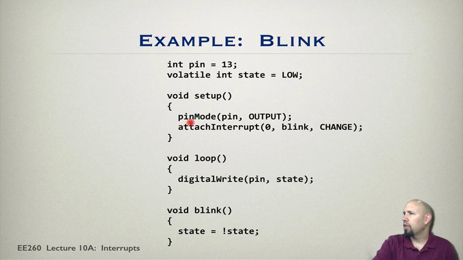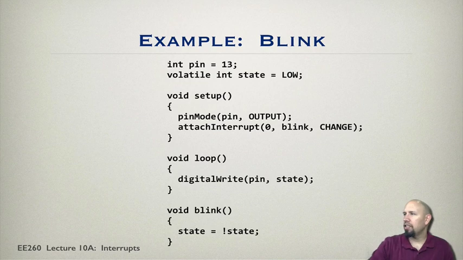It's low. And so we're going to define pin mode on that pin as an output pin. So that's the LED. We're going to attach an interrupt called blink that's going to operate on change. So it's attached to interrupt 0. Interrupt 0, if you recall, is connected to digital pin 2. So when digital pin 2 changes, this interrupt service routine called blink will take place.